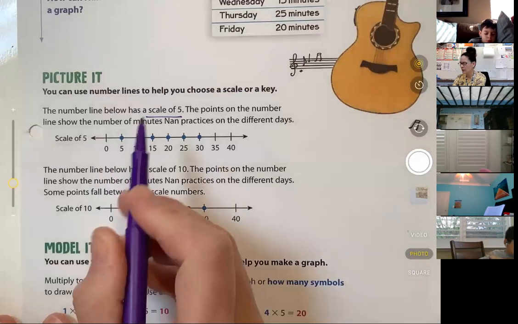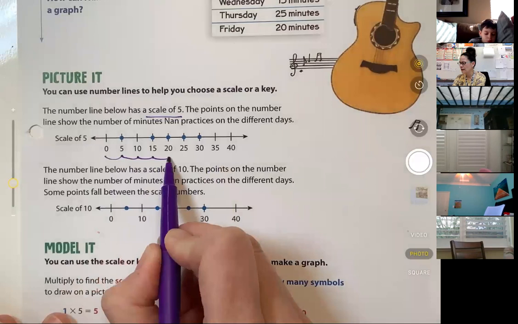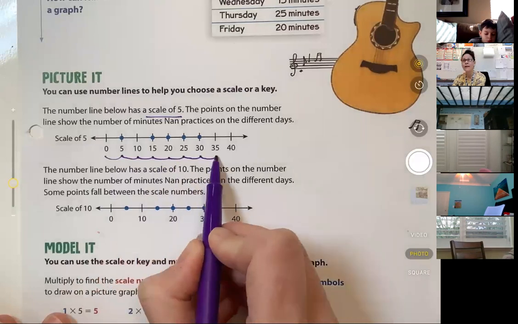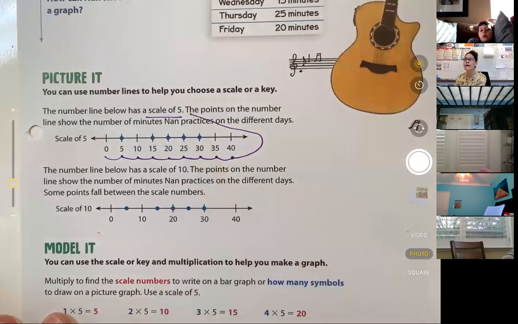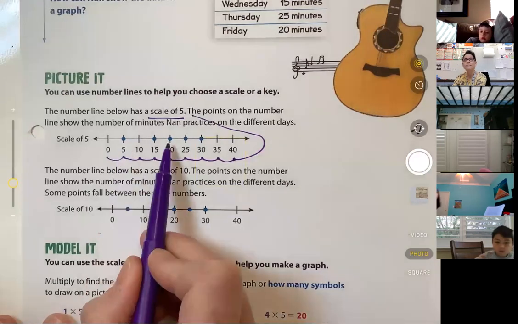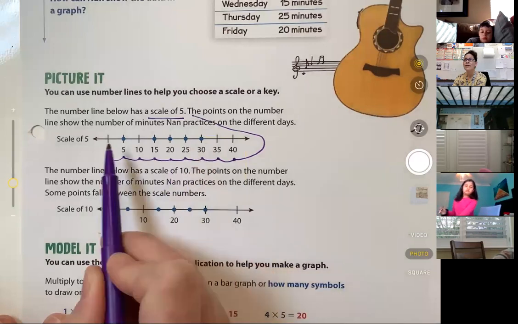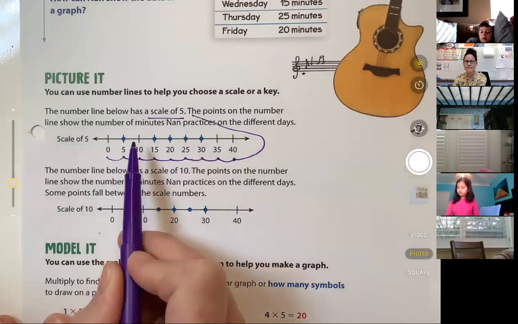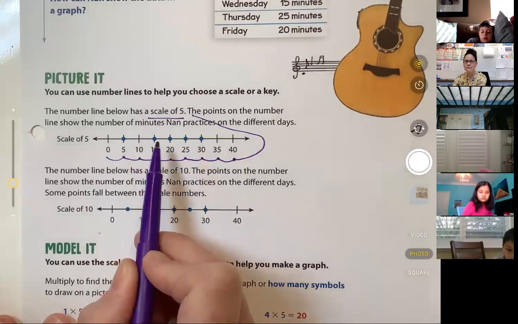Of course, 0, 5, 10, 15, 20, 25, 30, 35, and 40, which represents a scale of 5. Her practice points are in blue on the line. They have been what we call plotted on this number line for each day of her practice.